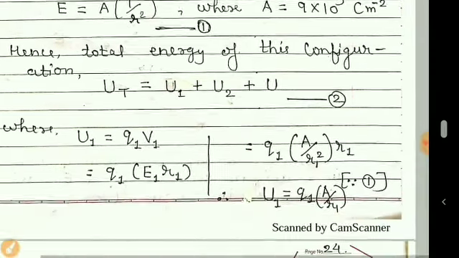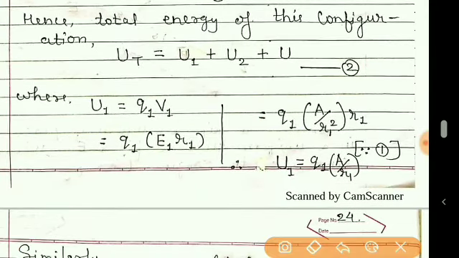So electric field E1 is kept here. Now R square in the denominator and one R in the numerator, so they will cancel, and only one R1 will remain. That you can understand easily. So we obtained U1.